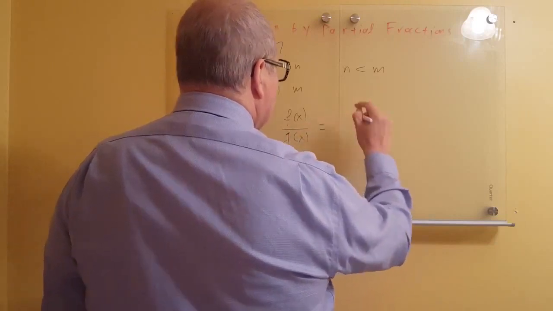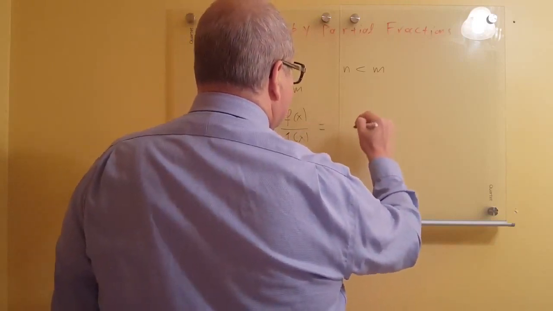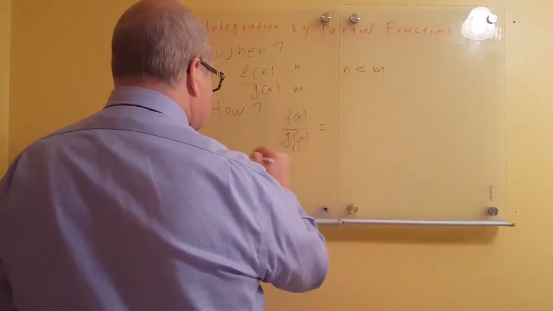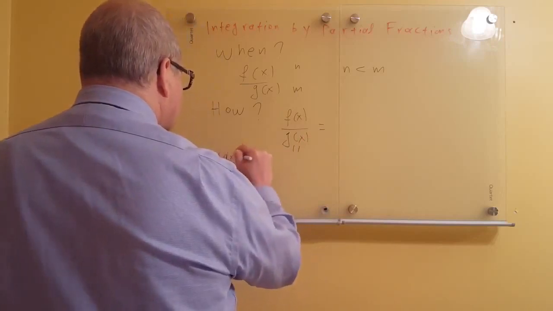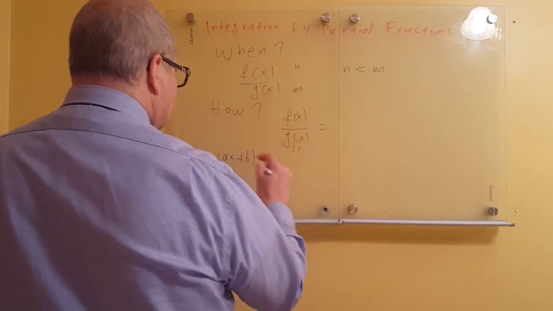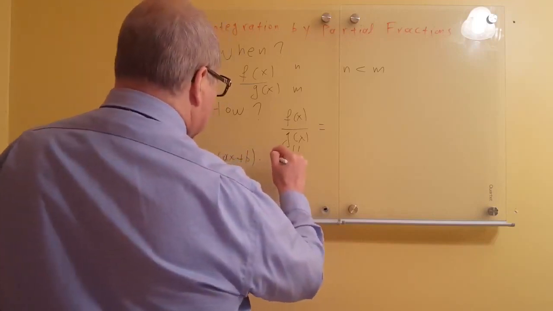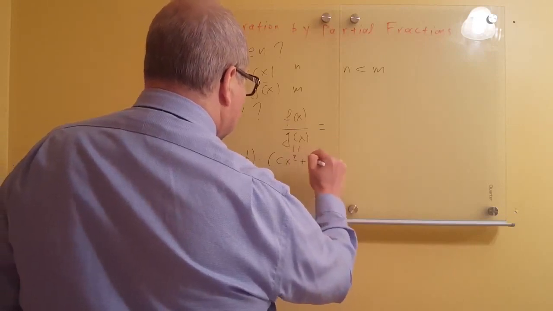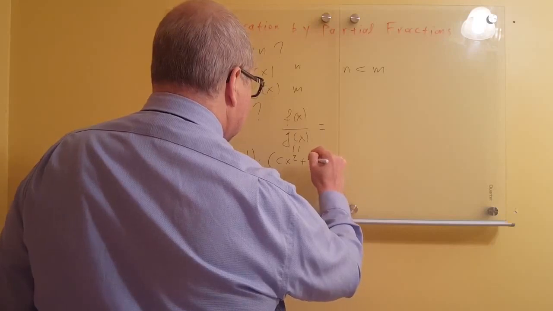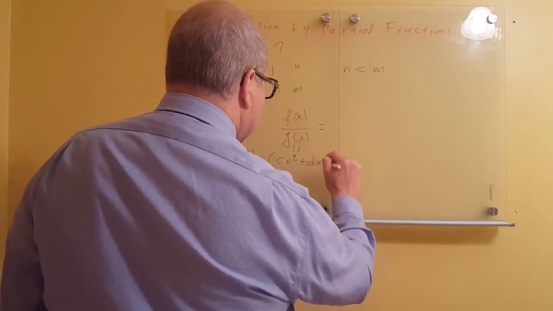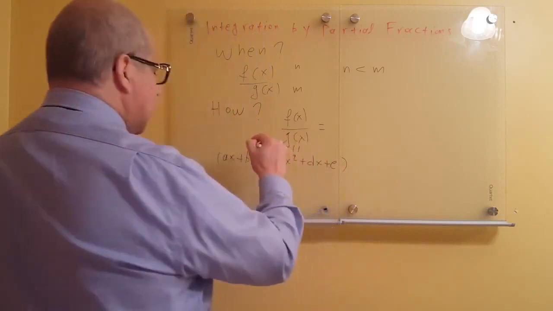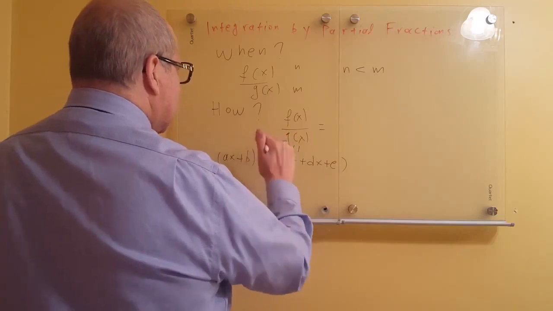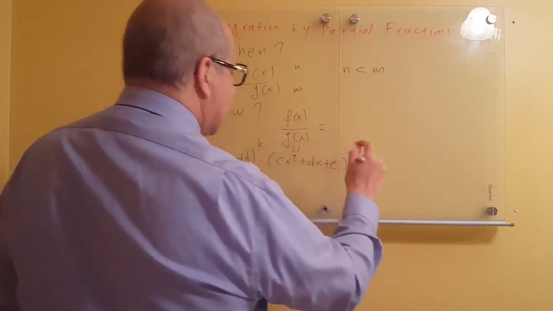Let's say this denominator here is equal to ax plus b times cx squared plus dx plus e, and let's say the first is to the k and the second is to the l.